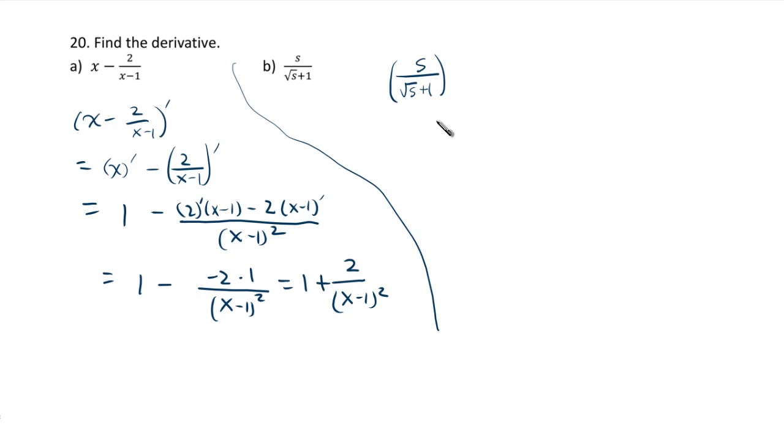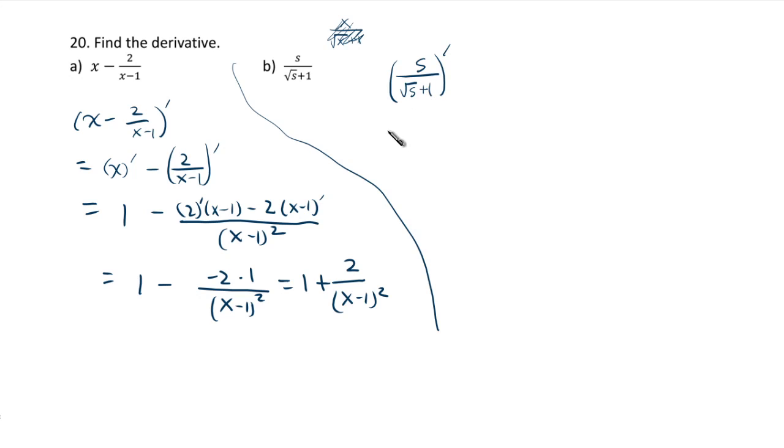So you have to think of s as if it's x, and if it really confuses you, another thing you can do is just rewrite this as x over square root of x plus 1, differentiate this, and after you get the answer, rewrite all the x's as s. That will be another way to do it if it really confuses you. But you should challenge your mind to differentiate it as this.